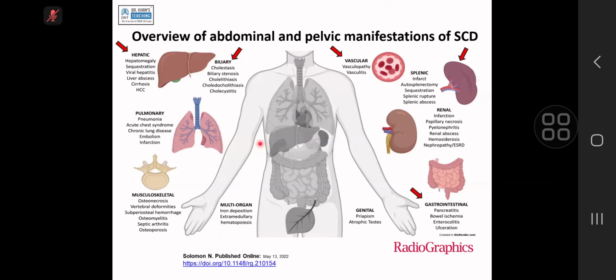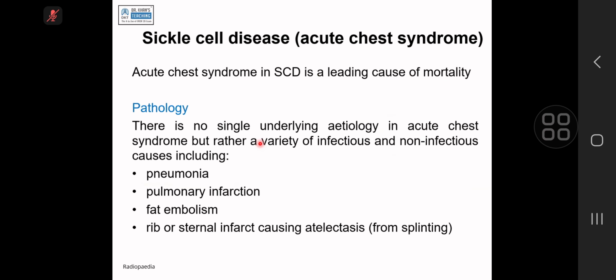There are findings in the brain which the patients will present with. So this is acute chest syndrome. If you look up sickle cell manifestations in the respiratory system on Radiopaedia, it will tell you acute chest syndrome.